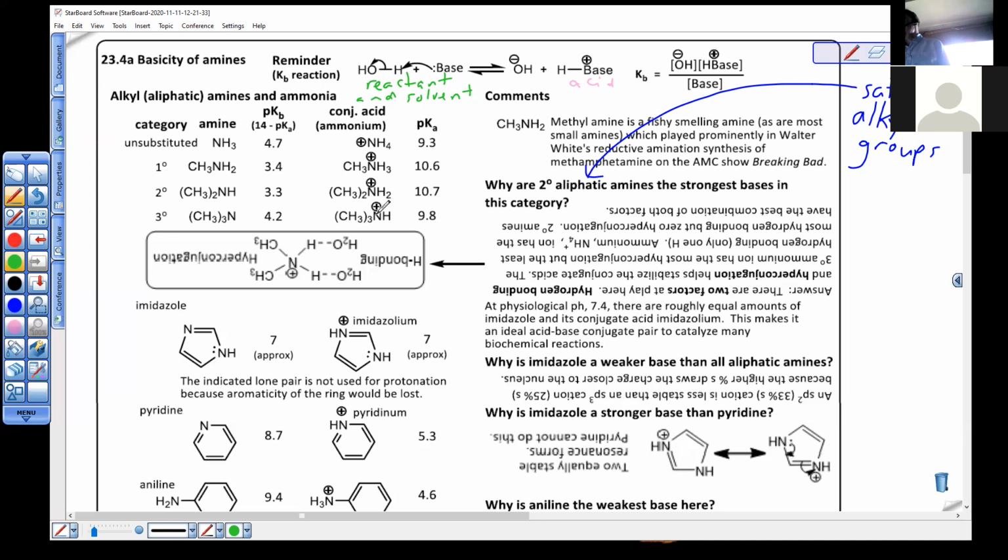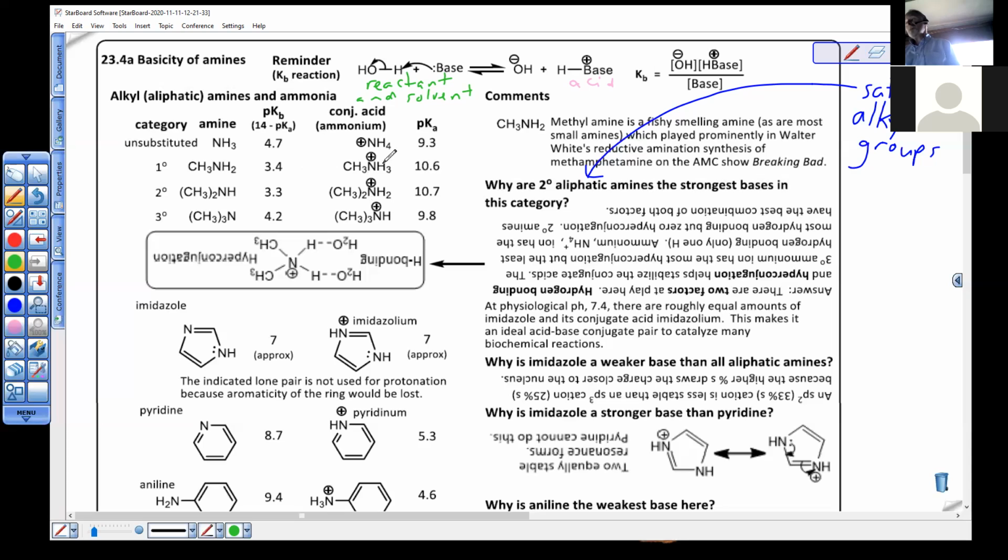And water will stabilize any N with bonds to H by hydrogen bonding. And this species here has 2 H's that can hydrogen bond with water, which I showed here. This one only has 1. That's less hydrogen bonding with water. So even though it's got better hyperconjugation, it has less hydrogen bonding, and the overall effect is it's easier to make this cation.